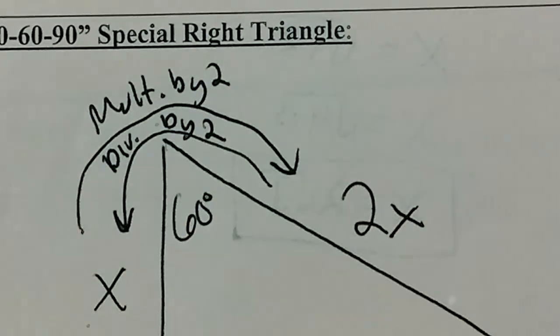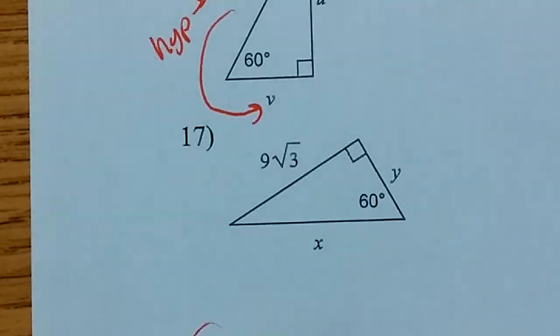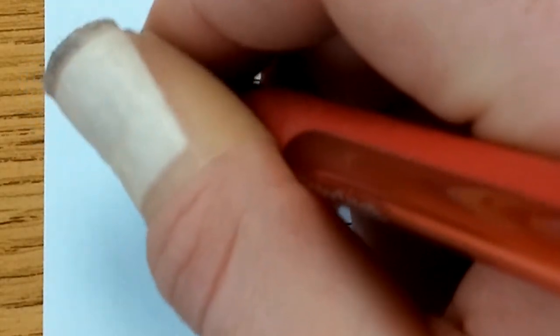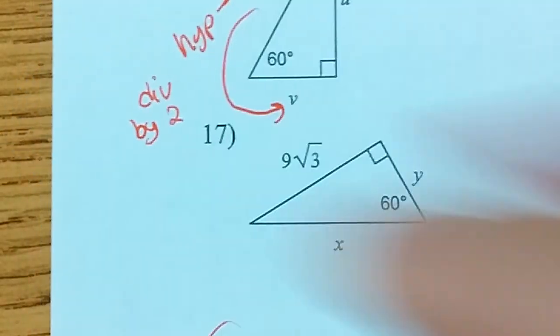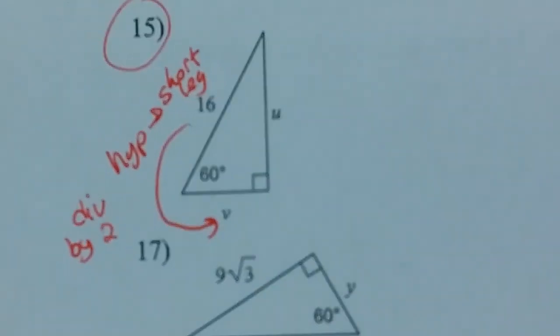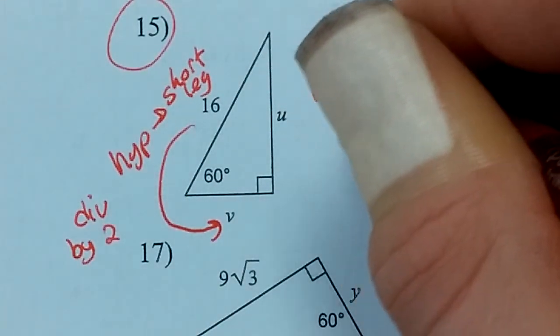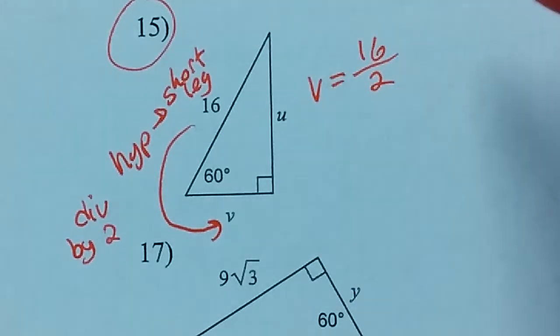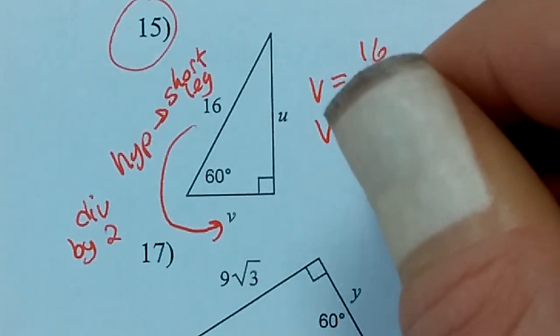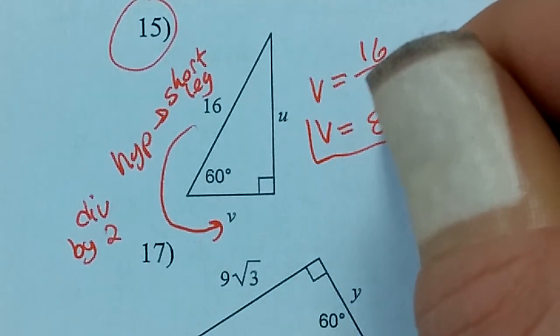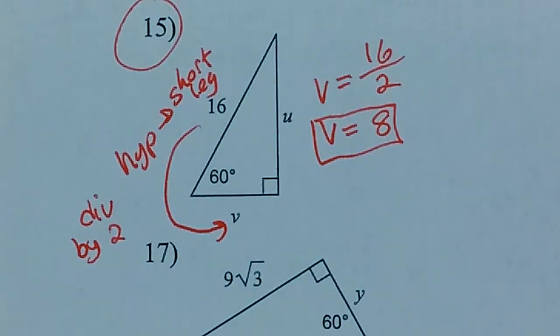So we'll go back this way. We're going to write down divide by 2, just as a little note to help us remember that. So we're going to take 16 and divide it by 2 to find V. So V is going to be equal to 16 divided by 2, which simplifies to 8. So V is 8.